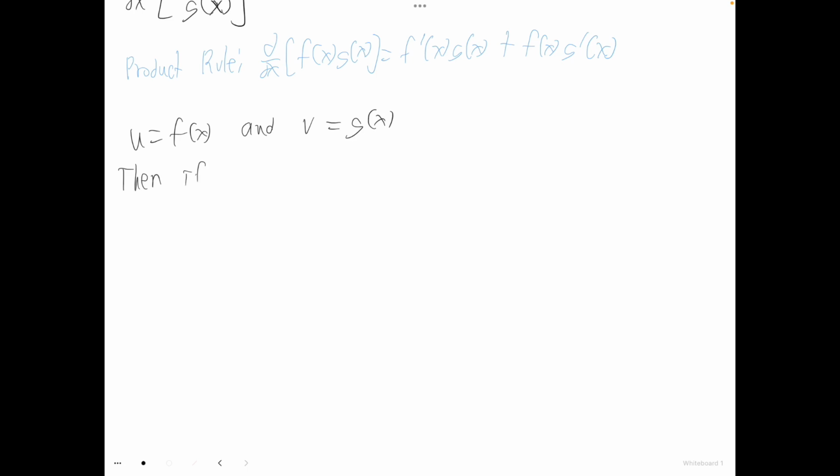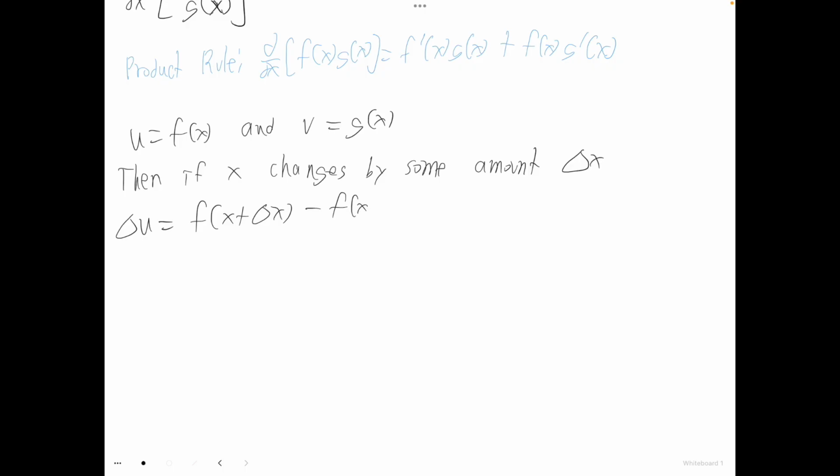Then if x changes by some amount delta x, we have the change in u, delta u, is going to be f of x plus delta x minus f of x. And delta v equals g of x plus delta x minus g of x. And as I mentioned before, this is the new value minus the old value.